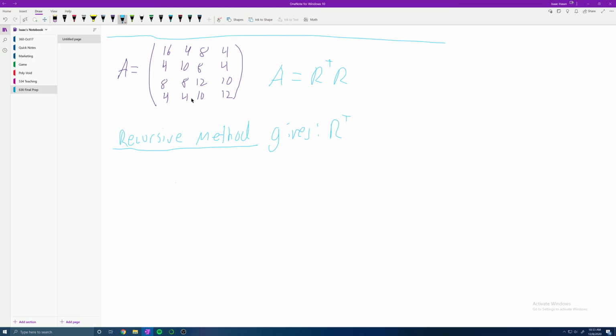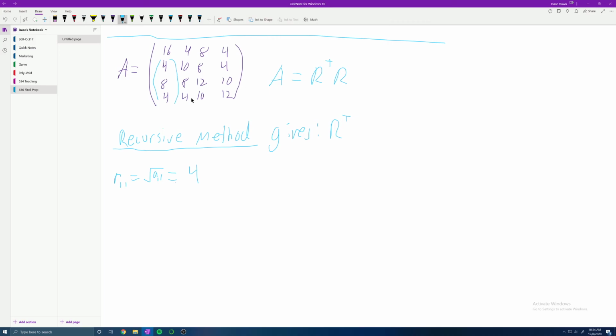Okay, so let's do this. First, we're going to compute the first entry of the first row of our matrix R, and that's simply going to be the square root of the first entry of A. So we see that R11 equals square root of A11 equals square root of 16, which is 4. And then we take this bottom vector here and denote that B transpose.